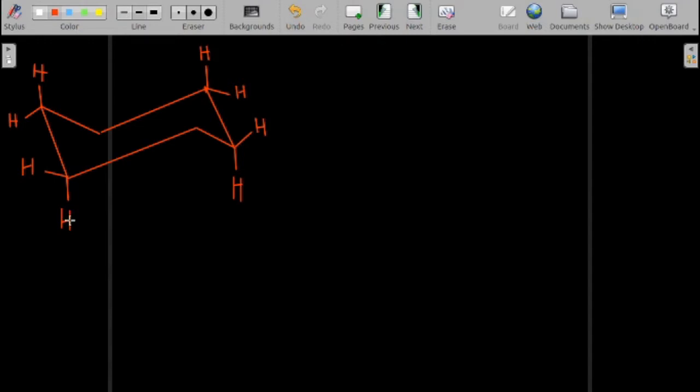So in this case we will consider two rotations in this structure to derive the Newman projection.